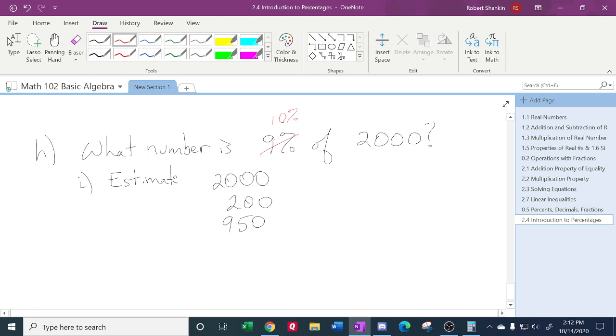So what number is 1/10 of this? To take 1/10 of it, all I do is take the decimal and move it one place to the left. So I'd come up with around 200. All right. Now it's actually a little smaller than that because it's 9%, so maybe 190 or something like this, you know.